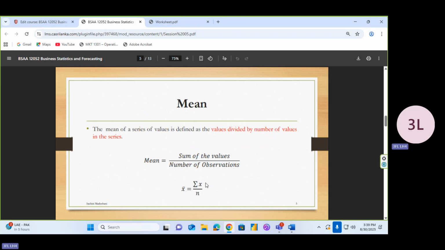To calculate single-variable statistics, press mode 1 twice. Then these are the statistical calculations.